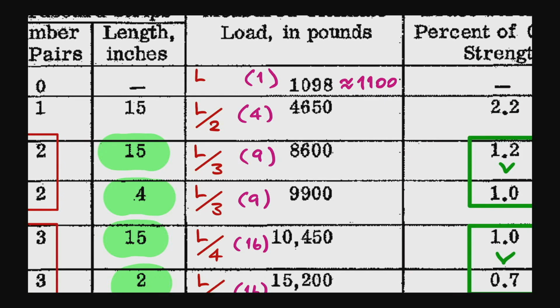So let's take a look here. As the unbraced length is reduced to L over 3 for both, you expect that both of them should gain the strength as much as 9 times of the original unbraced length. But here is the result. You get 9,900 and 8,600.